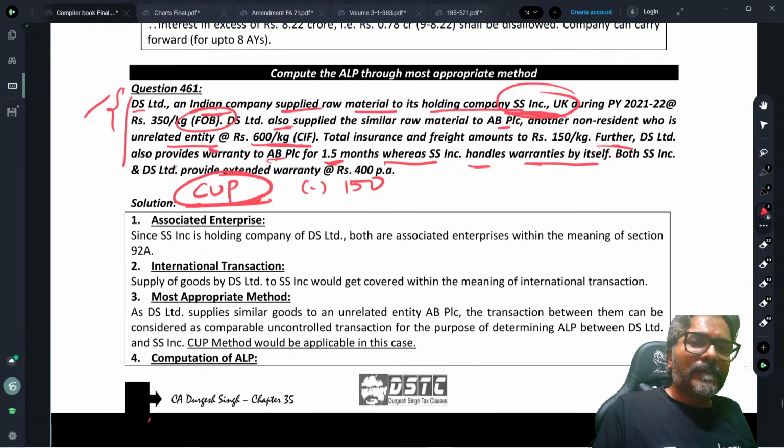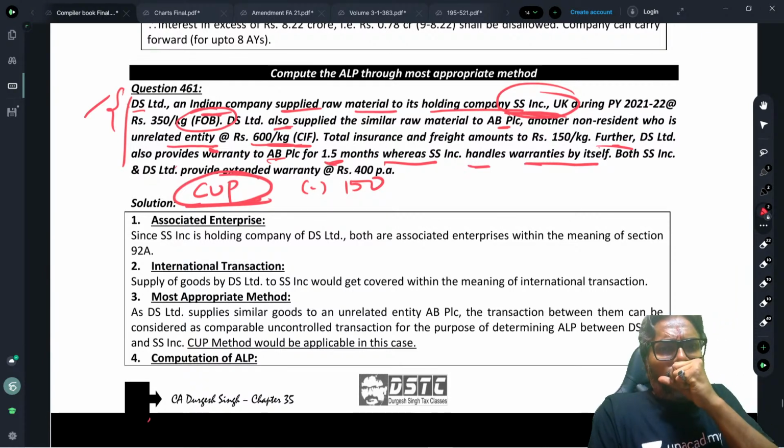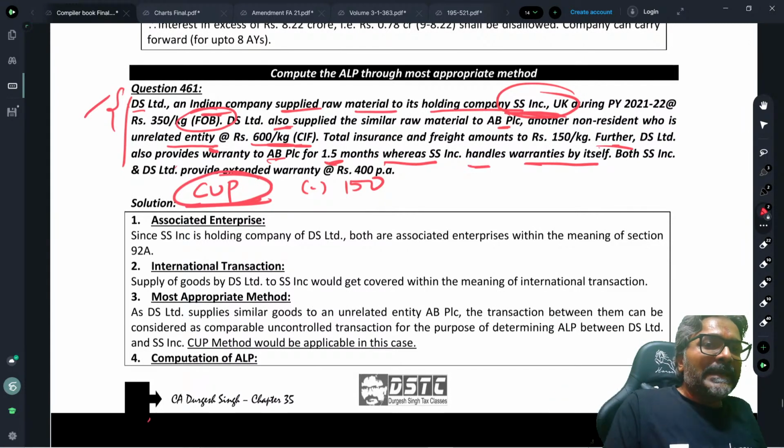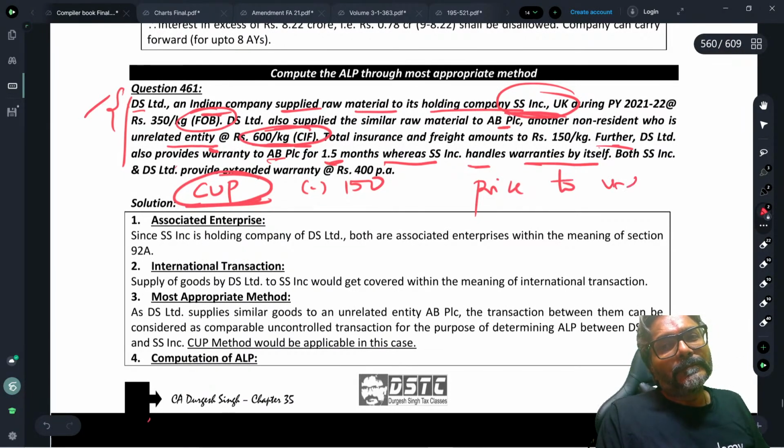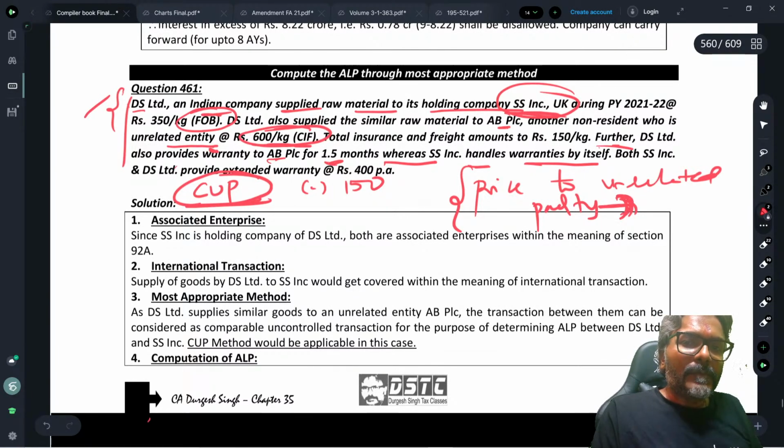So here, students, the price which is charged to the unrelated party transaction, this price, which price is this, students? Now please tell me.